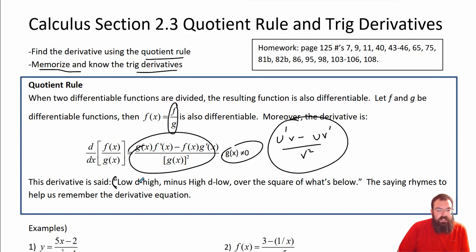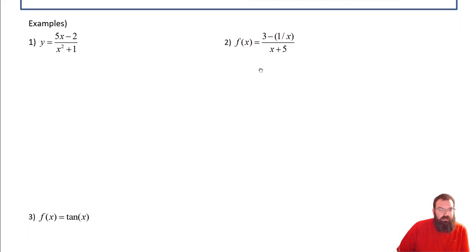So the low, which is v, d means the derivative of the high, so u prime, minus high u, d low, the derivative of the bottom, v prime, over the square of what's below, v squared. It's a pretty good rhyme, and a lot of math teachers will do that for you, but it's not that difficult to memorize the formula, so just memorize the formula. Not that bad.